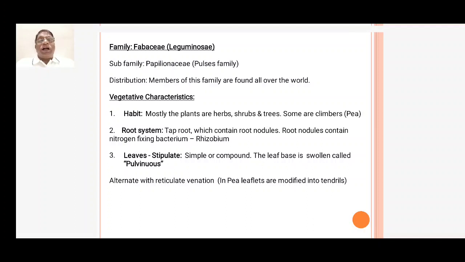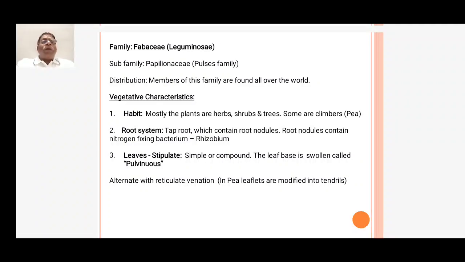But according to the International Code of Botanical Nomenclature, all family names must end with -aceae. Hence, the name Leguminosae changed into Fabaceae.